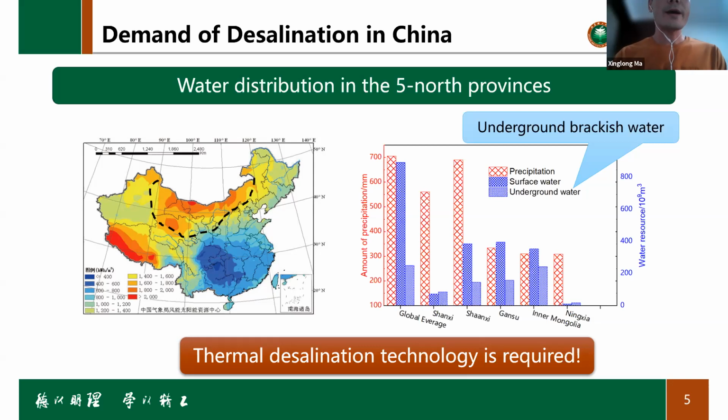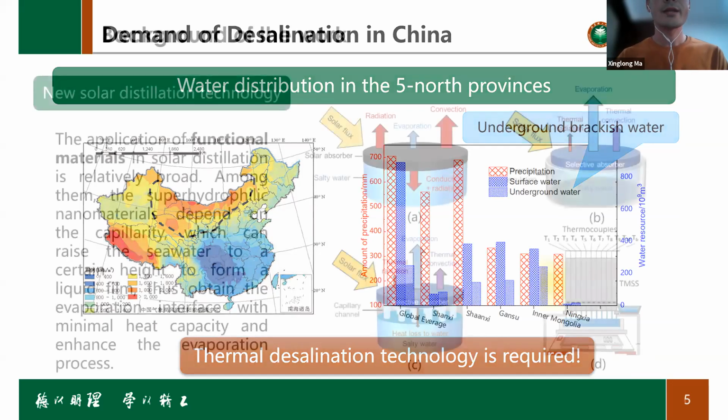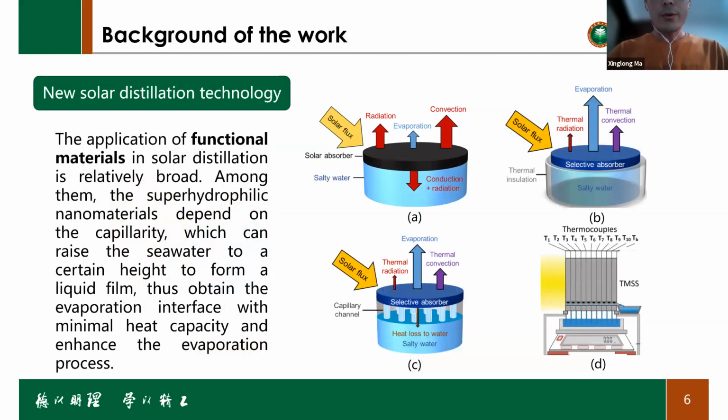So combined with the solar energy, thermal desalination technology is required in China. What I'm talking about is a hot point in thermal desalination technology. It's very close to membrane desalination. We call it interfacial evaporation.